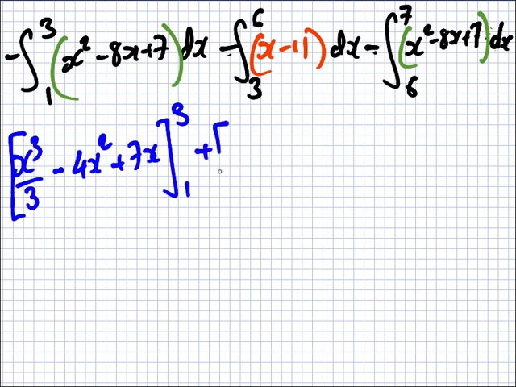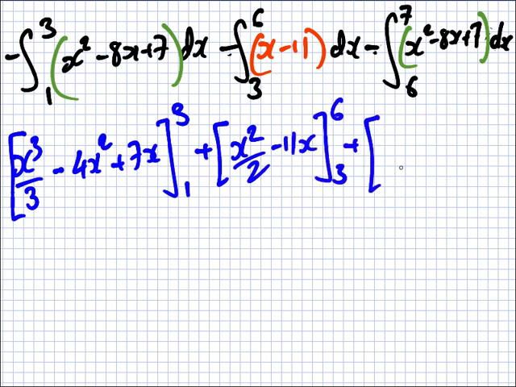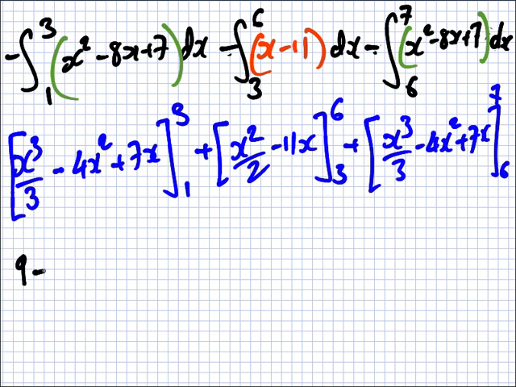Plus x squared over 2 minus 11x, from 3 to 6, plus x cubed over 3 minus 4x squared plus 7x, from 6 to 7. Right, so if I put in the 3, it's going to be 9 minus 36 plus 21, minus a third minus 4 plus 7.